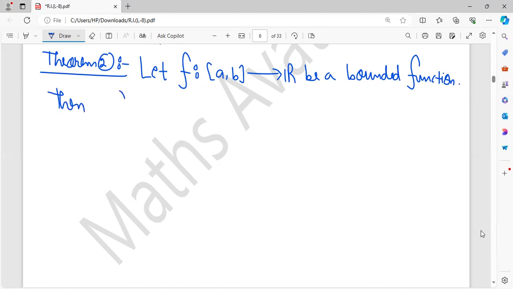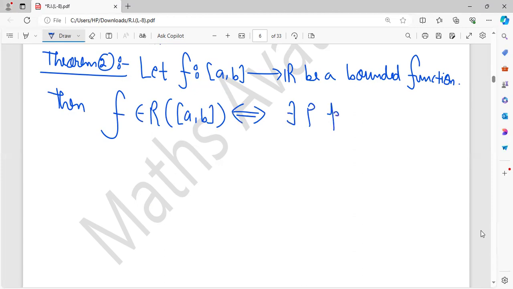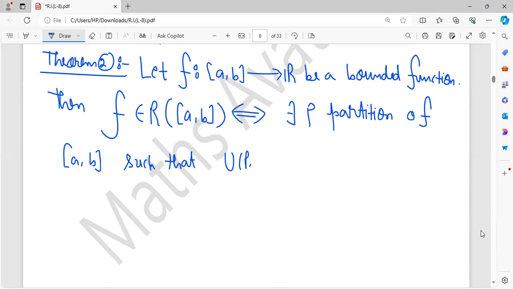Then f belongs to R[a, b], it means f is Riemann integrable, if and only if for any epsilon greater than 0 there exists a partition P of the closed interval [a, b] such that UPF minus LPF is less than epsilon.